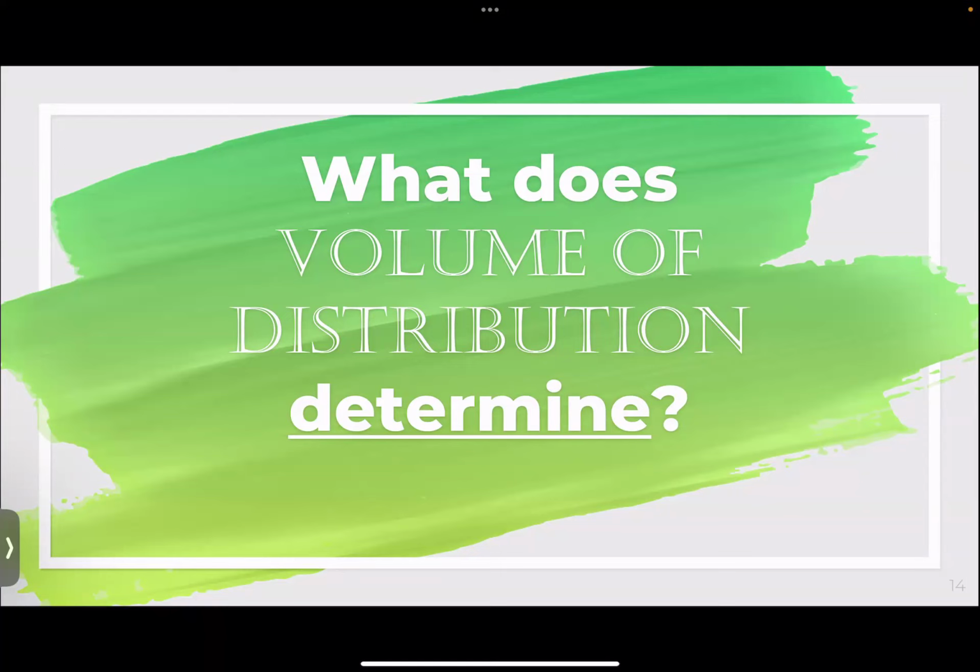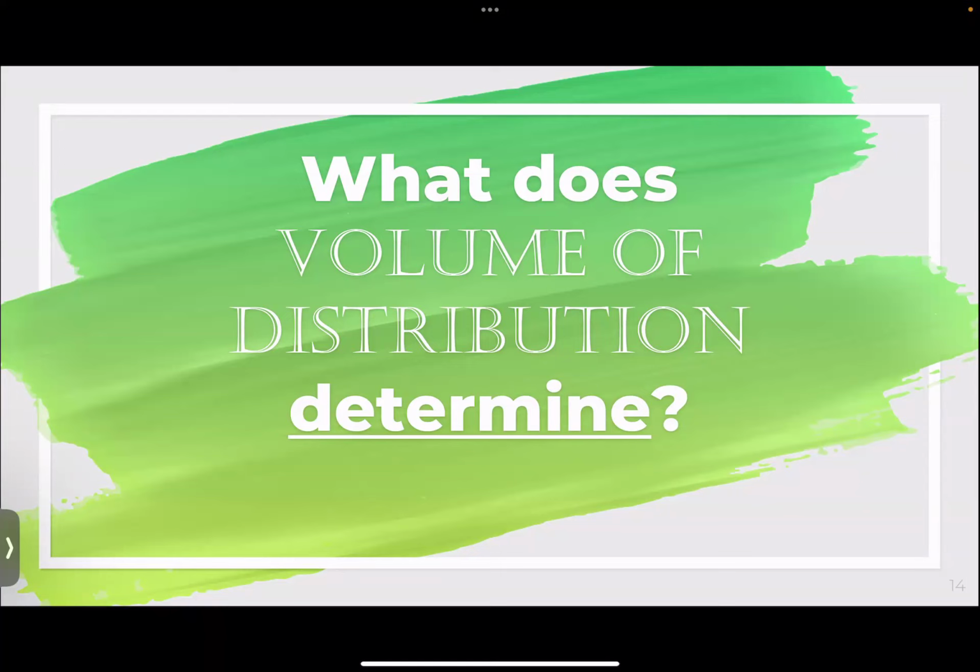But what does it affect? Half-life and elimination rate constant, and as Aaron said, dose interval choice, right? How big of chunks are you going to be chopping your daily dose into? So volume affects the slope of that elimination curve, your K, your half-life, your time to steady state.